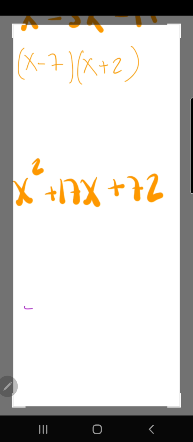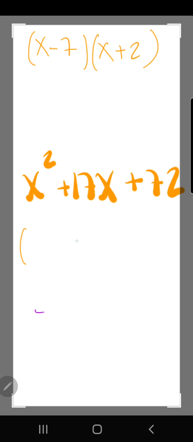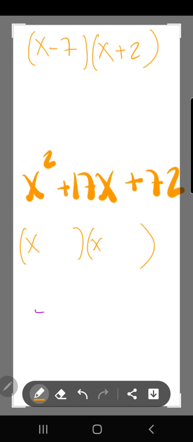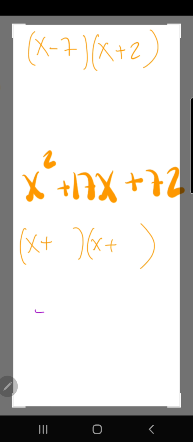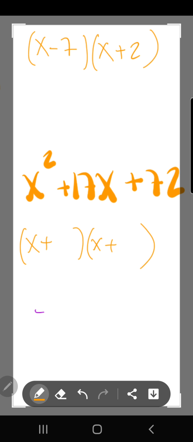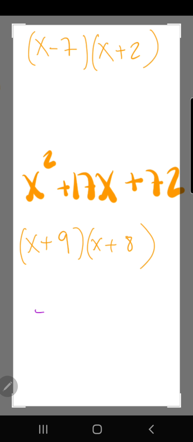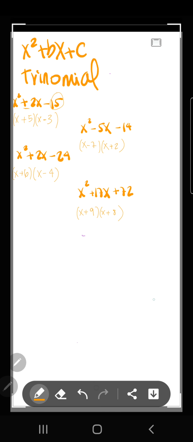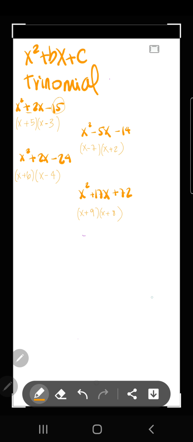And in the last one, x and x, the first sign is plus, the second sign is plus times plus is plus. And then two numbers that multiply to 72 and added, because they are the same sign, are 17. They are 9 and 8. And those are the answers of these 4 examples.